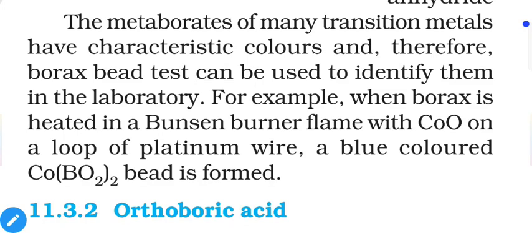So that means it can be used in inorganic qualitative analysis. If some unknown transition metals are present, then using the borax bead test we can identify which metal is provided to you based on the color of the bead. Each and every transition metal has its own specific color, so based on the color we can identify it.